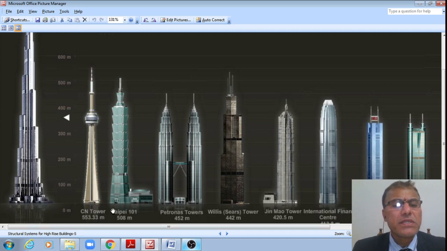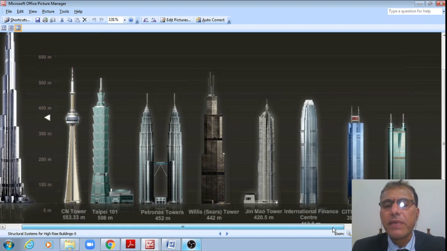The next one is the CN Tower with a height of 553.3 meters, and Taipei 101 tower with 508 meters, and Petronas Towers, 452 meters, and the Willis or Sears Tower, 442 meters height. And Jin Mao Tower, approximately 421 meters.